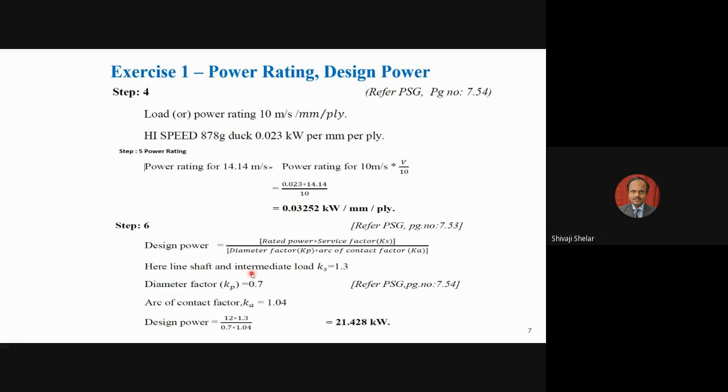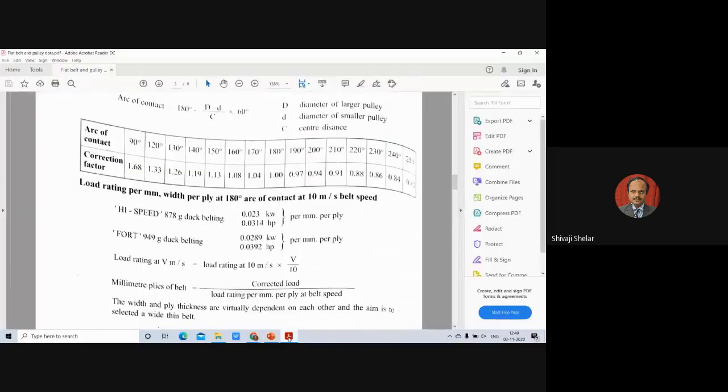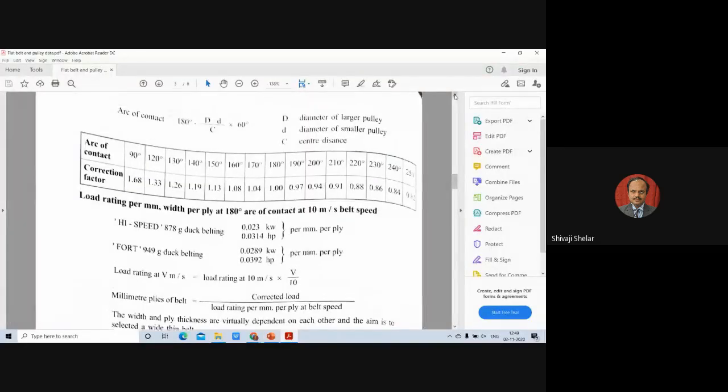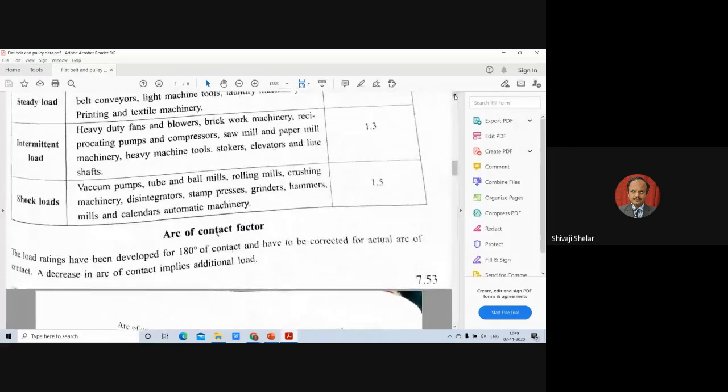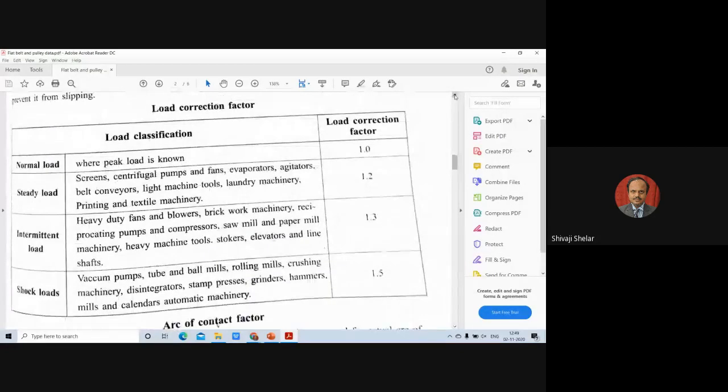Let's go for the load factor. I'll show where it is coming from, the load factor and arc of contact factor. In the PHG data book, on the previous page, load factors are given. These are called load factors, meaning load correction factor or service factor. If you consider normal load, then your load factor or service factor is equal to 1.